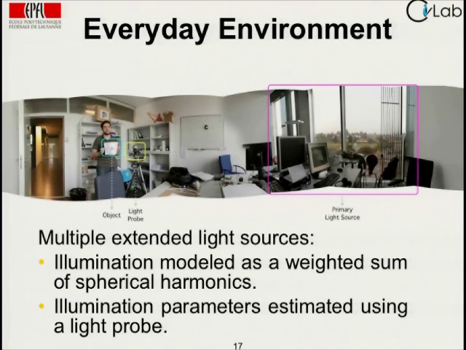Plus, he's in his office where the lighting is not a simple point light source. There's this big window on the right side. It's an extended light source. That's what you have to deal with if you want to do shape from shading. So how do we handle this?